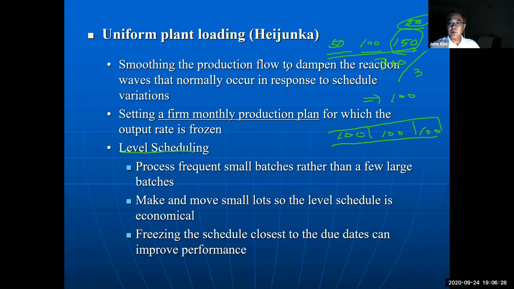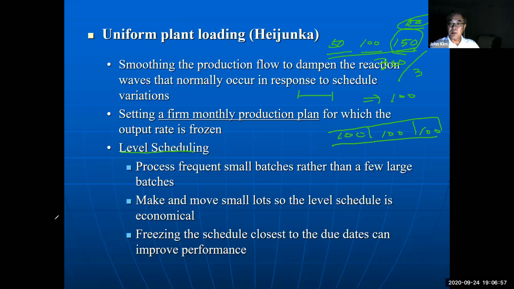So smoothing the production flow to damp the reaction waves, make it smooth like normal. And then setting a firm monthly production plan and then freezing it. That means usually a production system has a 1 month freeze window.